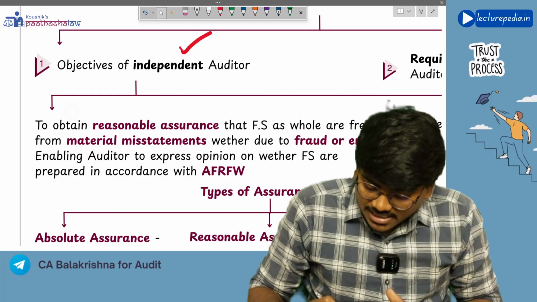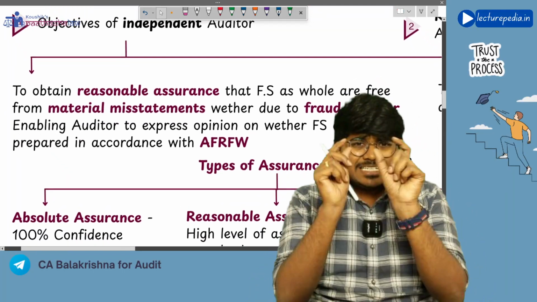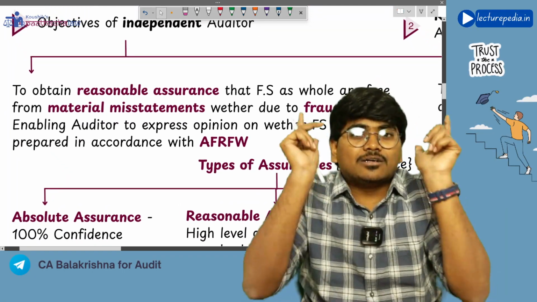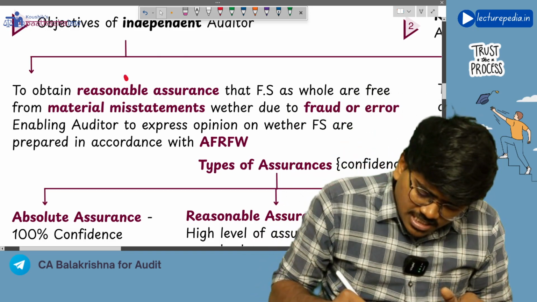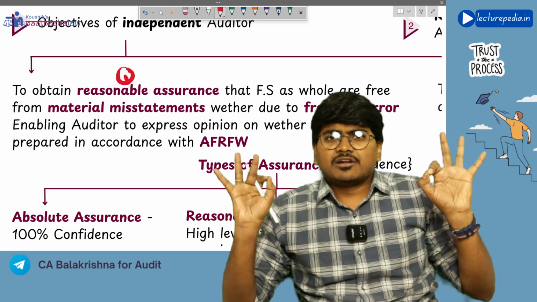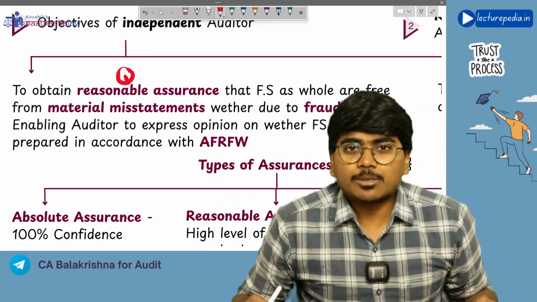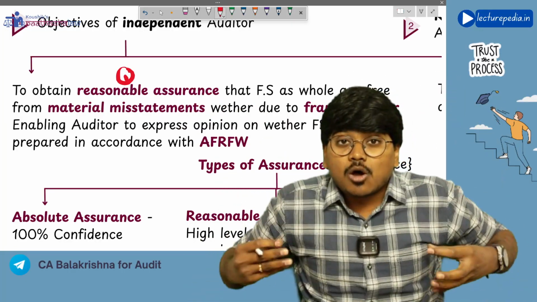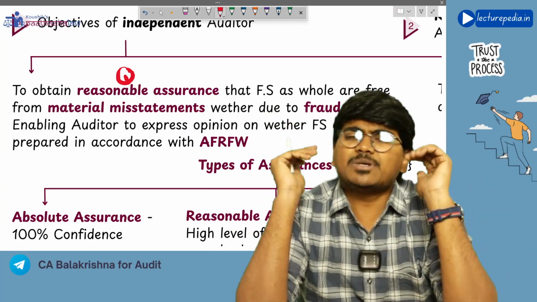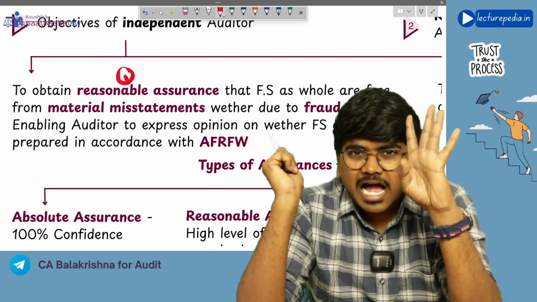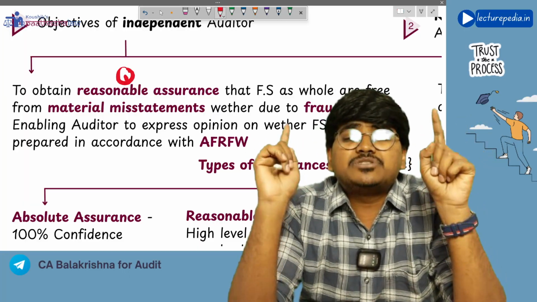Got it? Now in this line, there are certain terms that we need to understand. The first term is reasonable assurance. What is meant by reasonable assurance? First of all, assurance means giving confidence to the other party. Basically, there are three types of assurances. First one is absolute assurance.